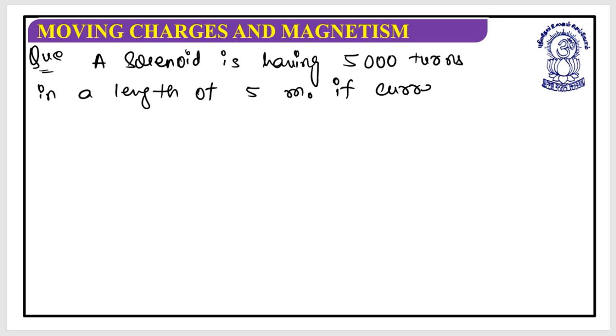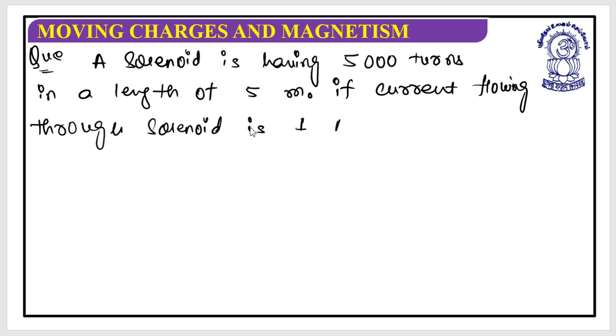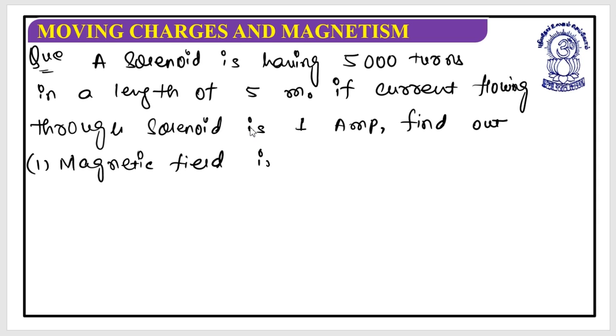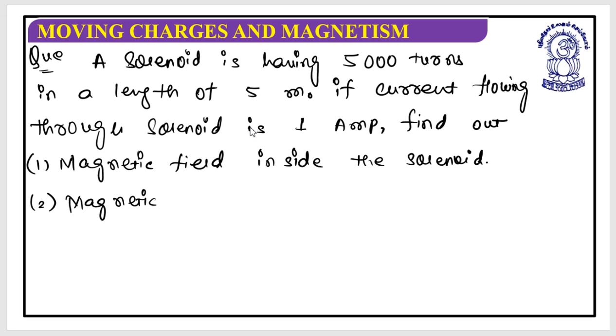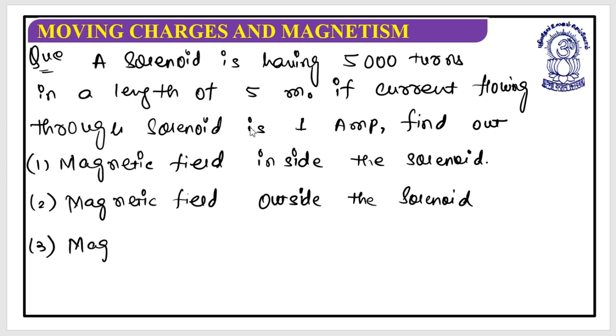If the current flowing through the solenoid is 1 ampere, find out first the magnetic field inside the solenoid, second the magnetic field outside the solenoid, and third the magnetic field on the endpoints of the solenoid.